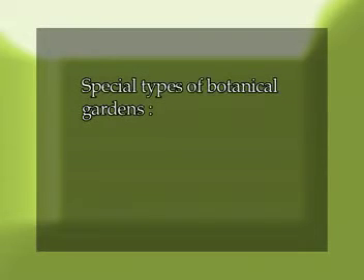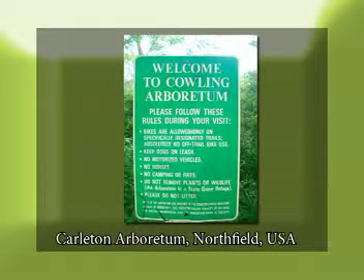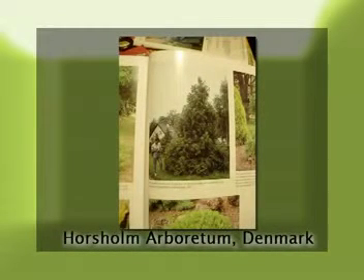Some special types of botanical gardens are: number 1, arboretum. They are botanical gardens or parts of botanical gardens where mainly arboreal or woody plants are grown, for example, Carleton Arboretum, Northfield, USA, and Hørsholm Arboretum, Denmark.